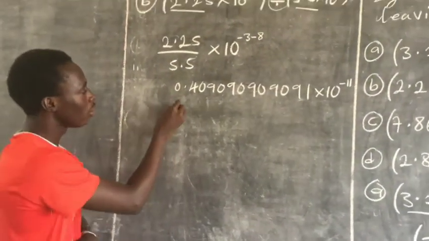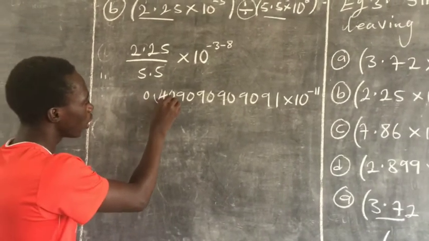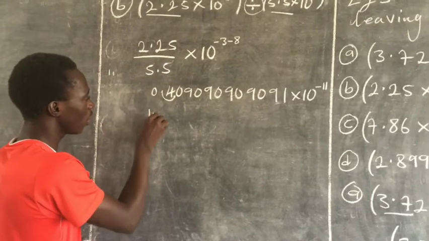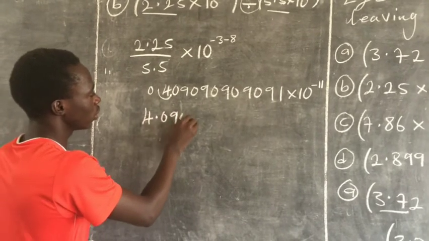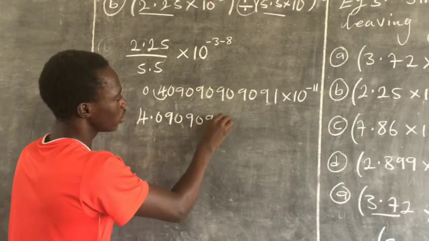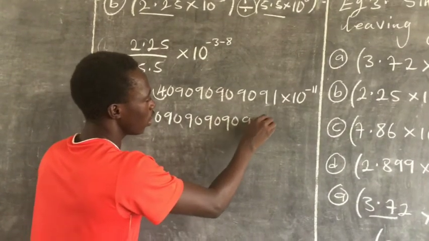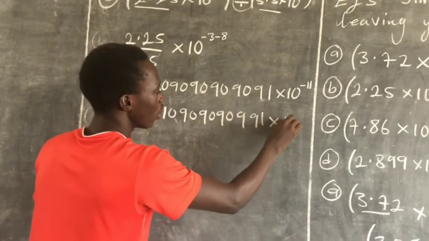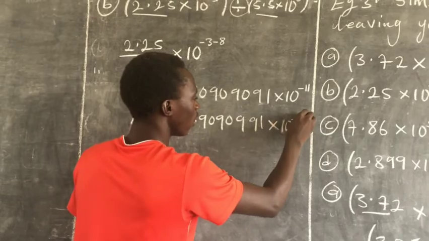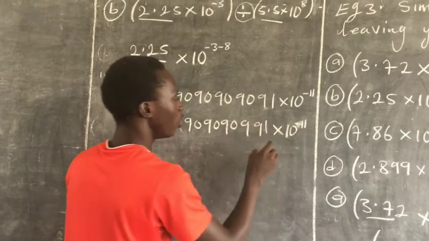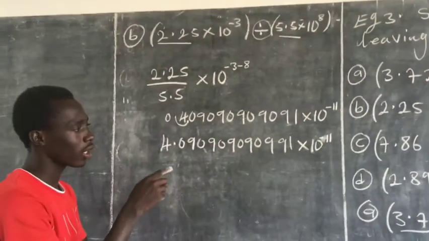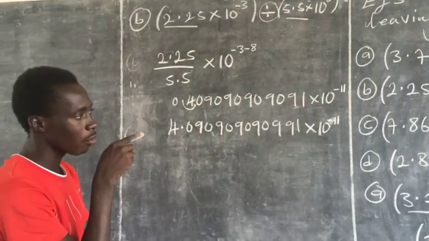Now, we move the point 1. Now the point is between the first and second number. So this will be 4.0909091 times 10 to the power. Since we move it 1, we already have minus 11, but since we move it 1 here, we have to subtract 1 from it.